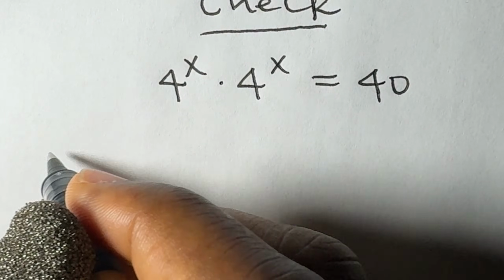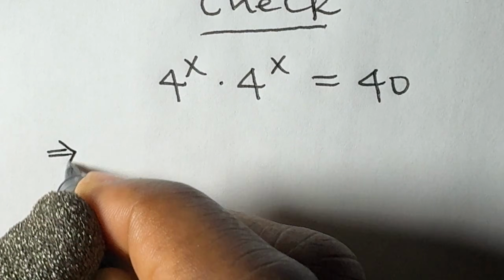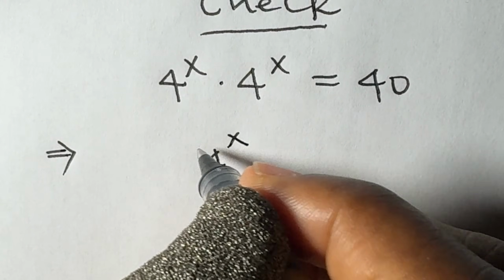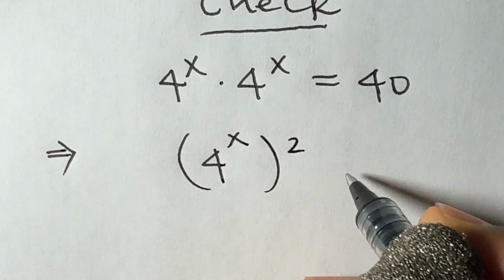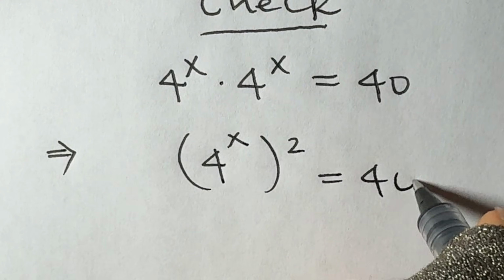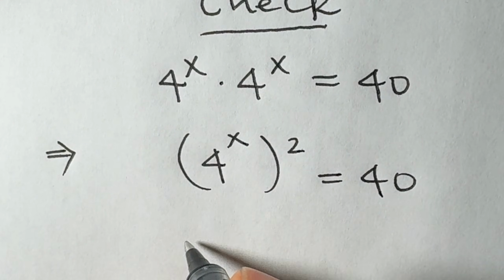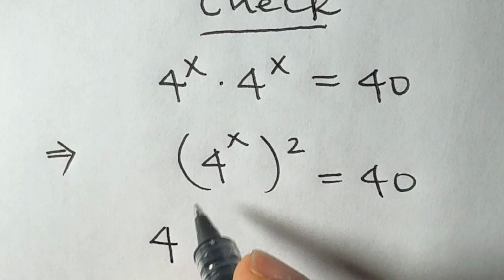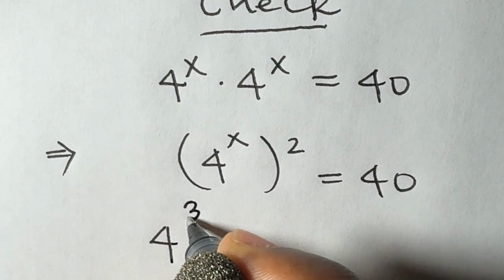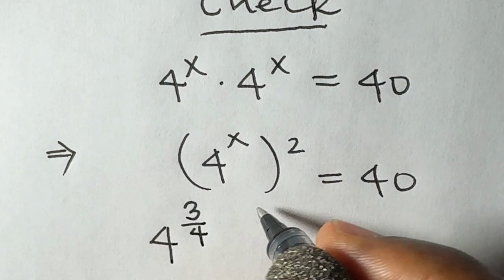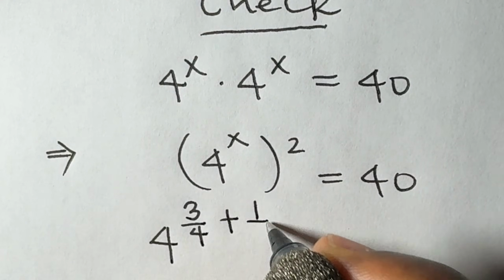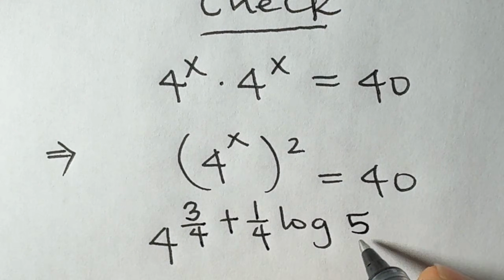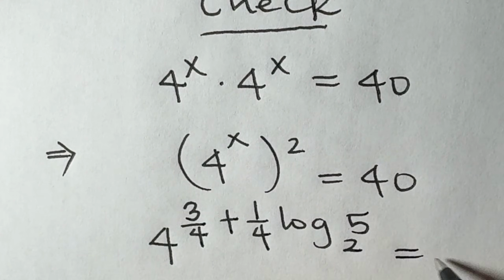Therefore, since this is 4 raised to power x, raised to power 2, then I'm going to have 4 raised to power, x was 3 over 4 plus 1 over 4 log 5 base 2, is equal to 40.